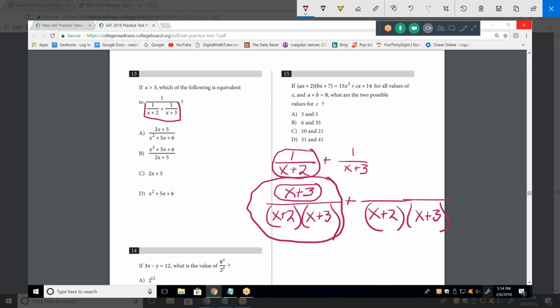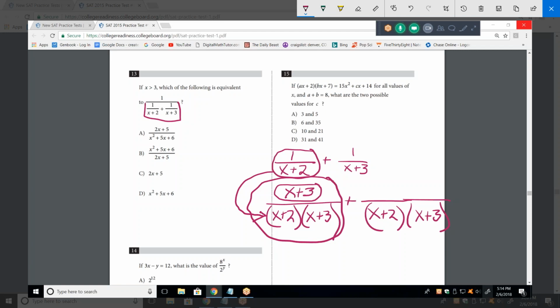Now, what's an easier way of doing that? Take that denominator, divide it into your common denominator. What do you get? x plus 3. Multiply that by 1. That's what goes in that numerator. But the real key of these problems is to make sure that when you're done, you have not changed the fraction.